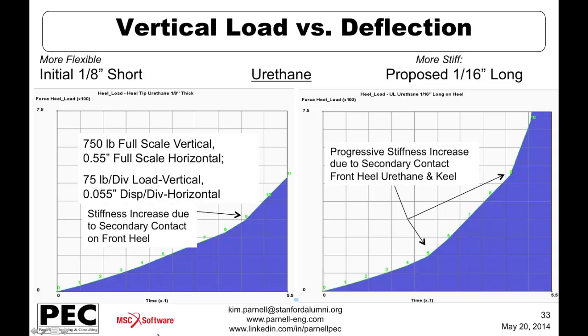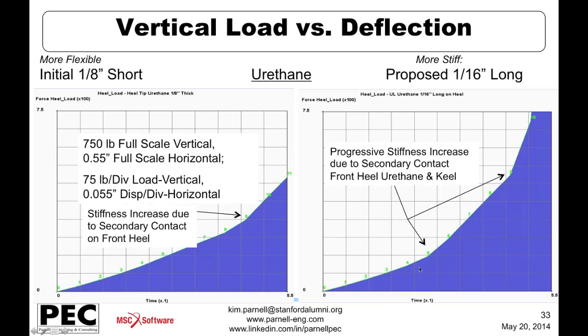And you see pretty clearly the overall stiffness of this short, thick urethane component is lower because there's more bending associated with it. In the initial going, they're fairly similar, but it doesn't stiffen very much as you continue through the additional loading.